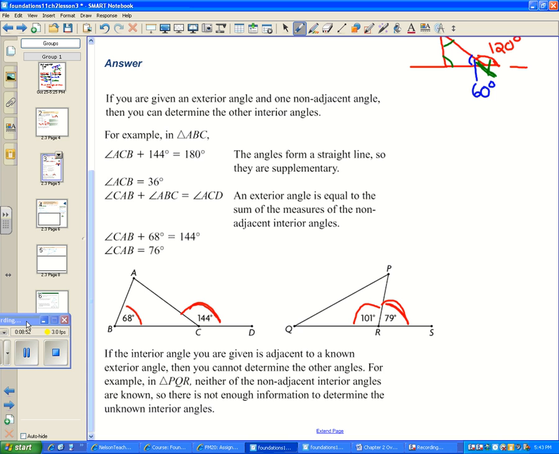For example, in PQR, neither of the non-adjacent interior angles are known, so neither this one nor this one are known. So there's not enough information to determine the unknown interior angles. So we have to be very careful when we use this property that we are given a non-adjacent angle.